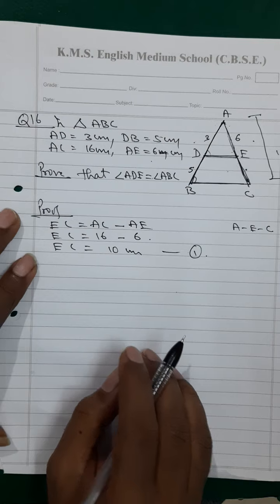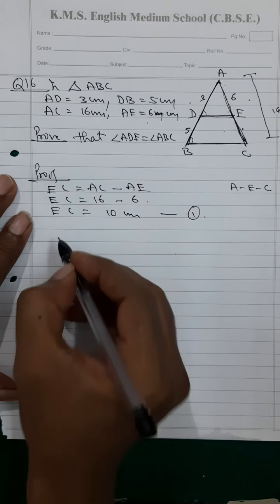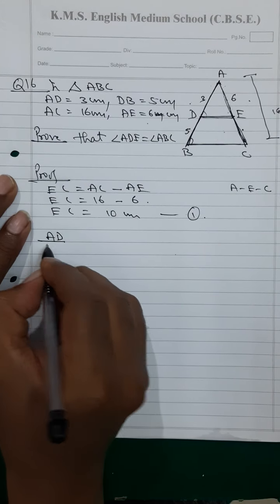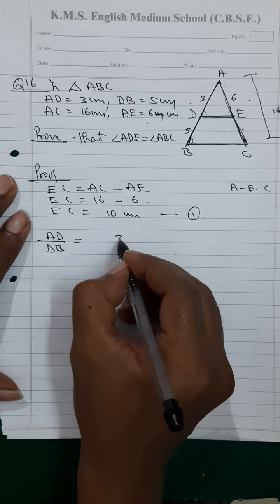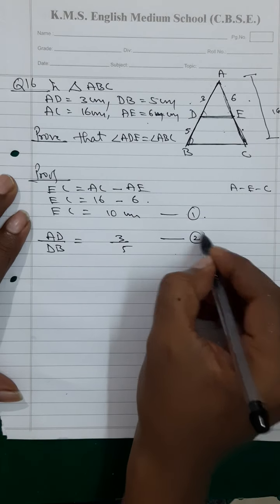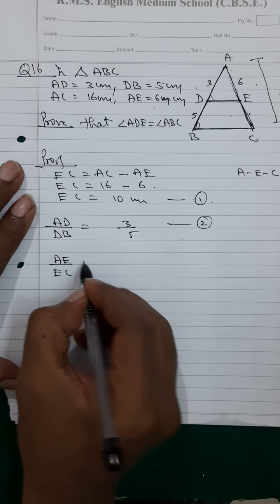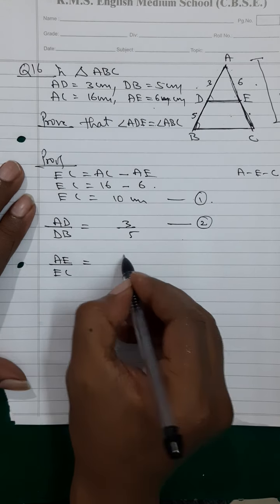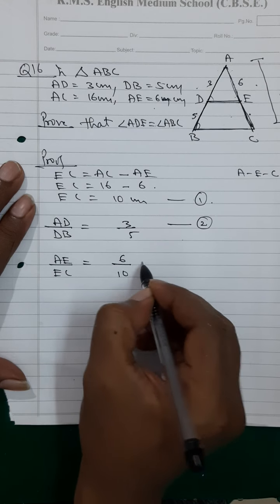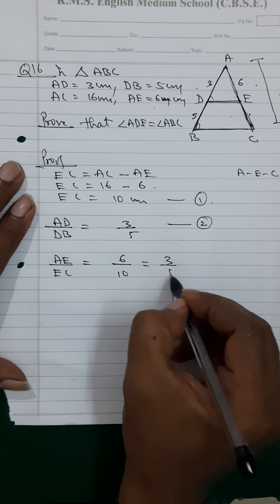Fine. Now if you will see this, AD upon DB is equal to 3 upon 5. Fine. AE upon EC, AE is 6, EC is 10. If I divide this, 2 3s are 6, 2 5s are 10.